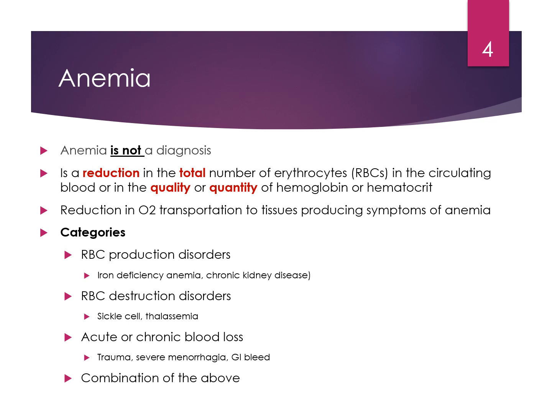Then, of course, we have acute or chronic blood loss. That can come from trauma and GI bleeds or even severe menorrhagia. The 4th category that I added was a combination of the above. So it's not that you have to have one anemia or another. At times, you may be presented with a patient who has symptoms or their labs are reflective of a combination of anemia.